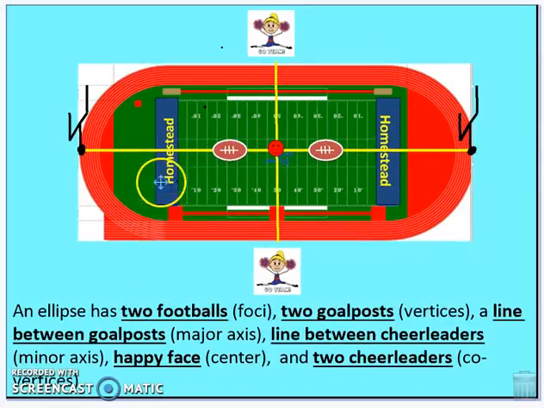All right, so the two footballs again are the foci. The line between the goalposts we're going to call the major axis. And then the line between the cheerleaders we're going to call the minor axis. So the major axis goes right through the center of the elongated portion of the ellipse. The minor axis goes through the narrower portion of the ellipse.